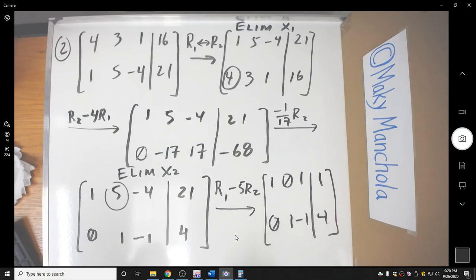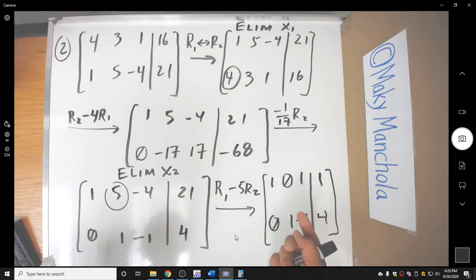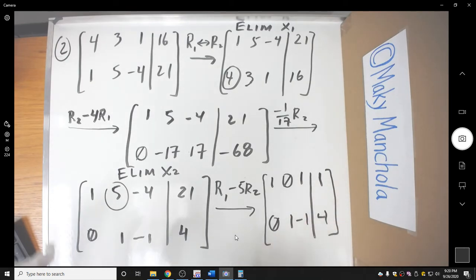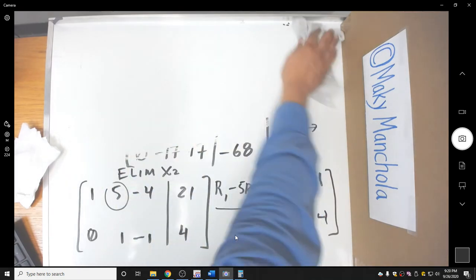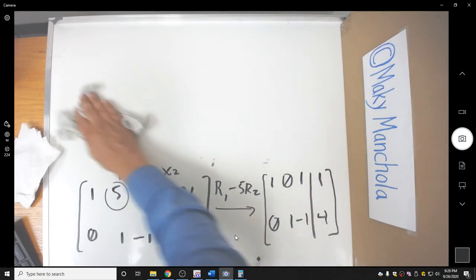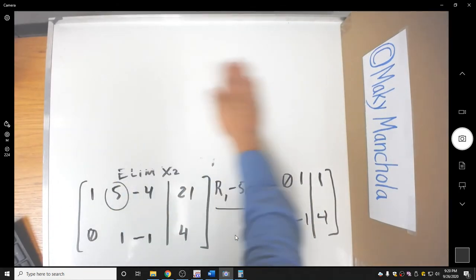So what did we get? Well, we got this reduced row echelon form matrix, but we also got a system of equations out of it. That's x1 plus x3 equals 1, x2 minus x3 equals 4. So let's write that in here and come up with solutions as triplets.